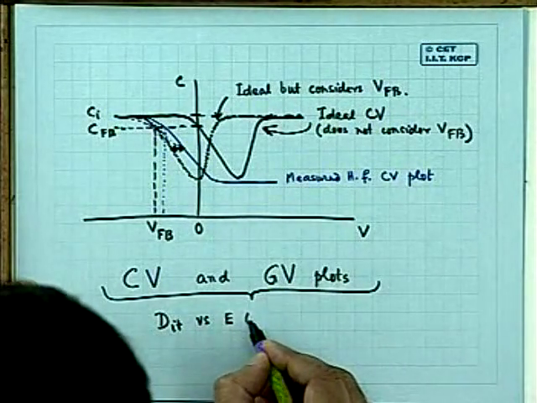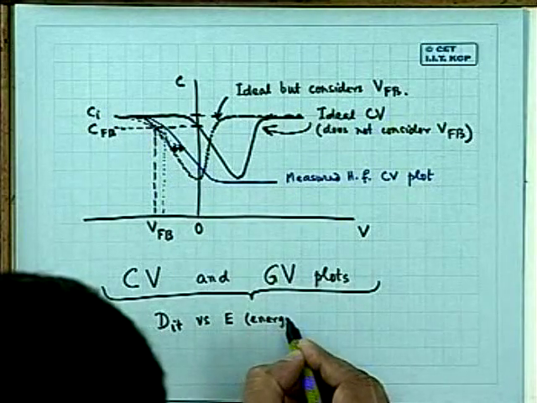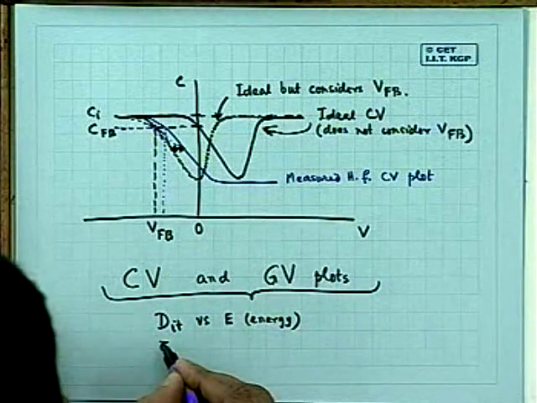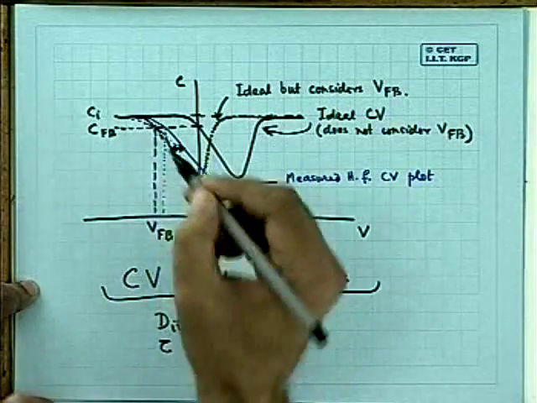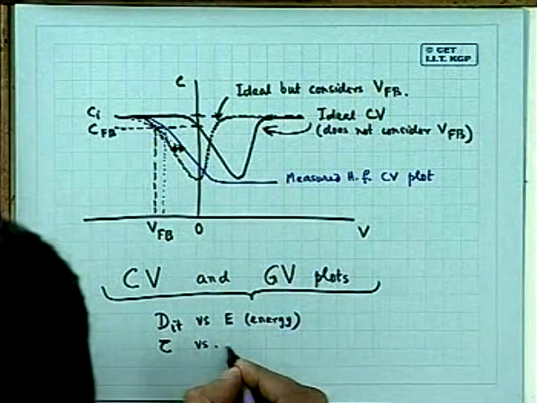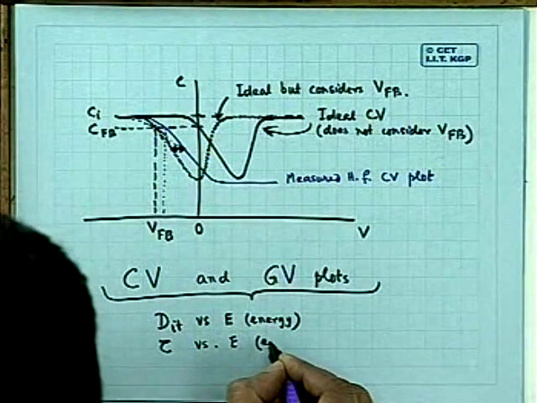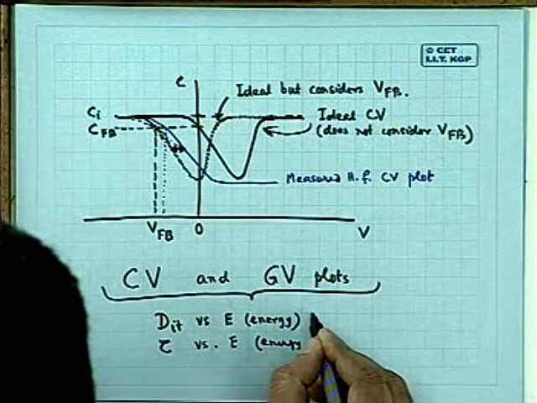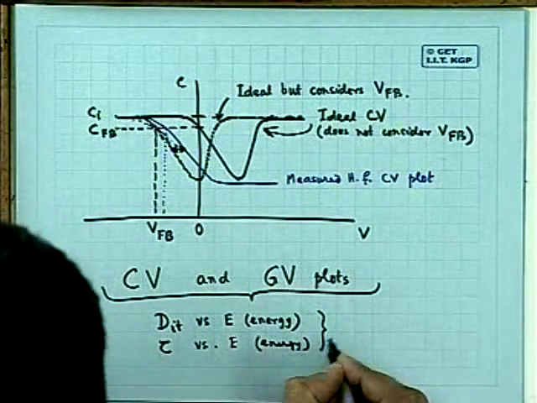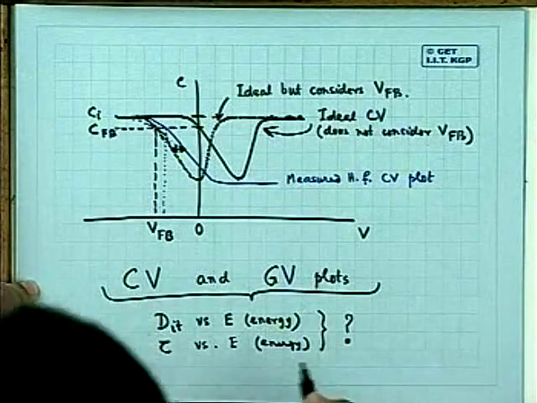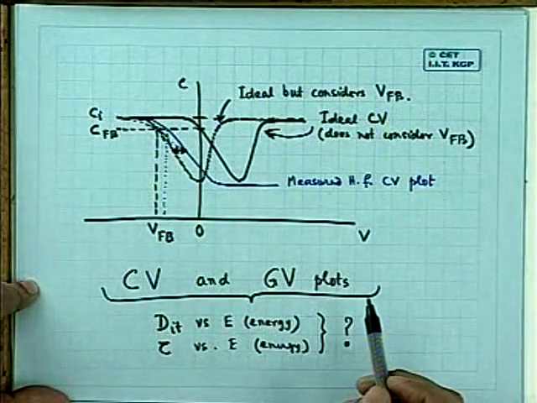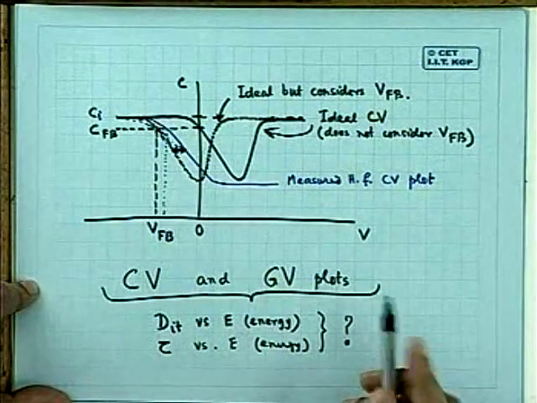This is energy. And the lifetime of these energy states versus E, again energy. This is a problem for those who are interested in academic persuasion on device physics. It's a very important topic.